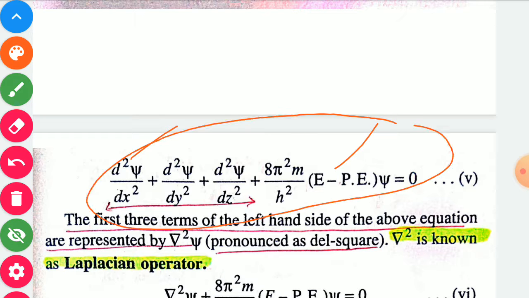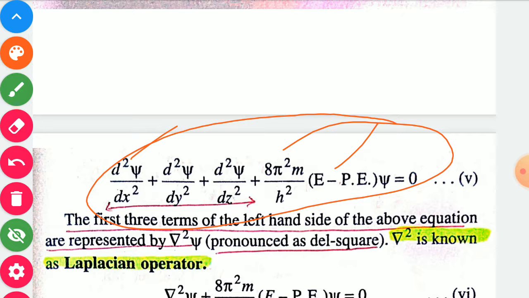So this equation, where x, y, z terms are taken, is with respect to all the three axes. The first three terms, that is d square psi upon dx square plus d square psi upon dy square plus d square psi upon dz square, present on the left hand side of the above equation, equation number 5, are represented by del square psi.